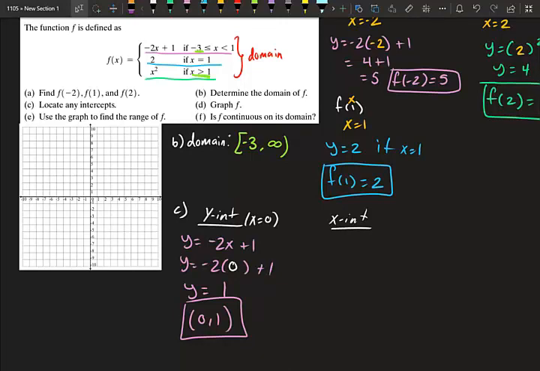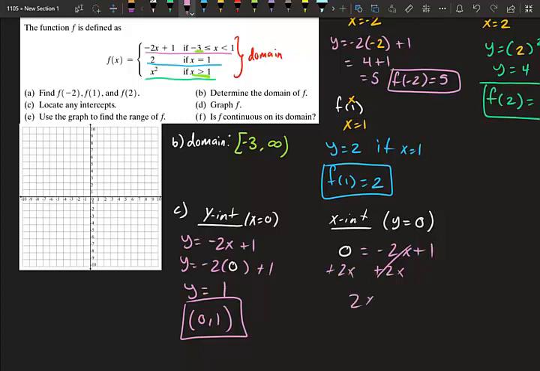For the x-intercept, there's no trick, we just have to test it. So for each equation, we're going to make y equal 0. You notice the middle one, the blue one, that's not an equation, so we don't care about that at all. So every equation, we're going to test it. So we have 0 equals -2x plus 1. We solve for x, so I'm going to add 2x.